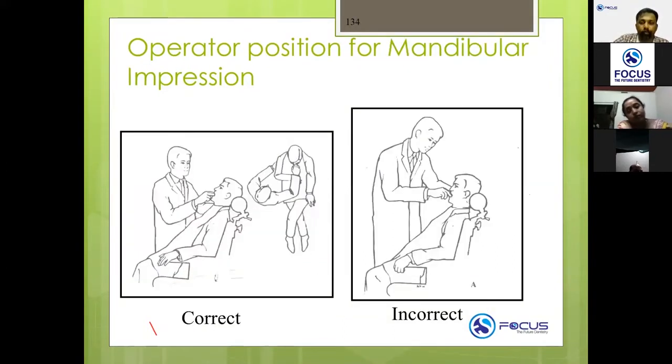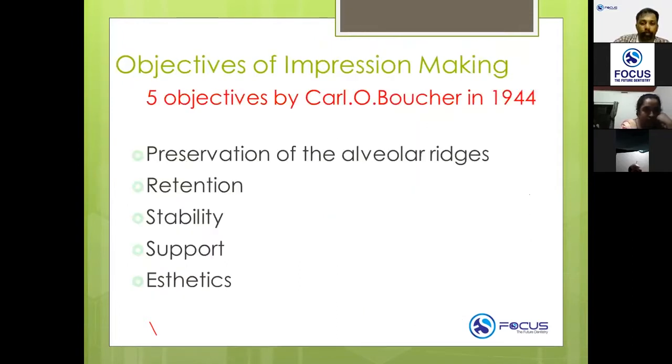Clear? While taking the mandibular impression, the operator should be in front of the patient and at 8 o'clock or 9 o'clock position. Clear?